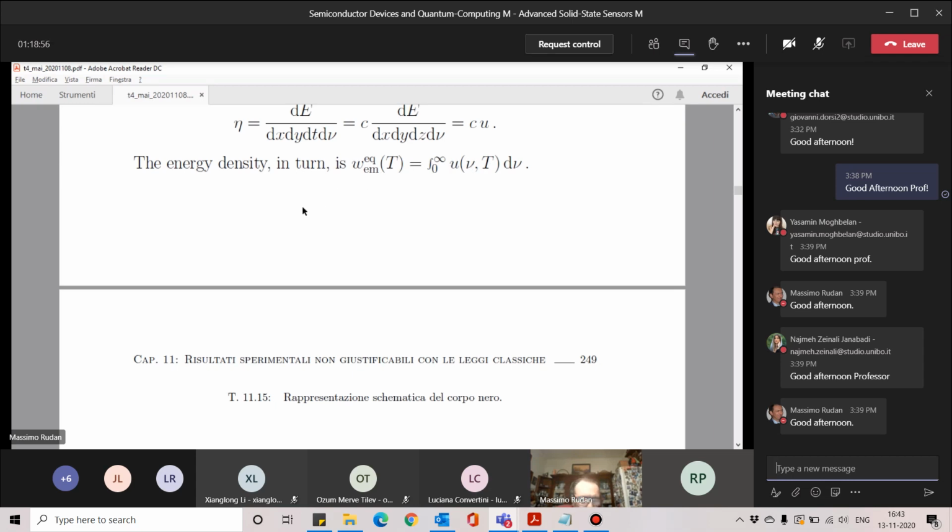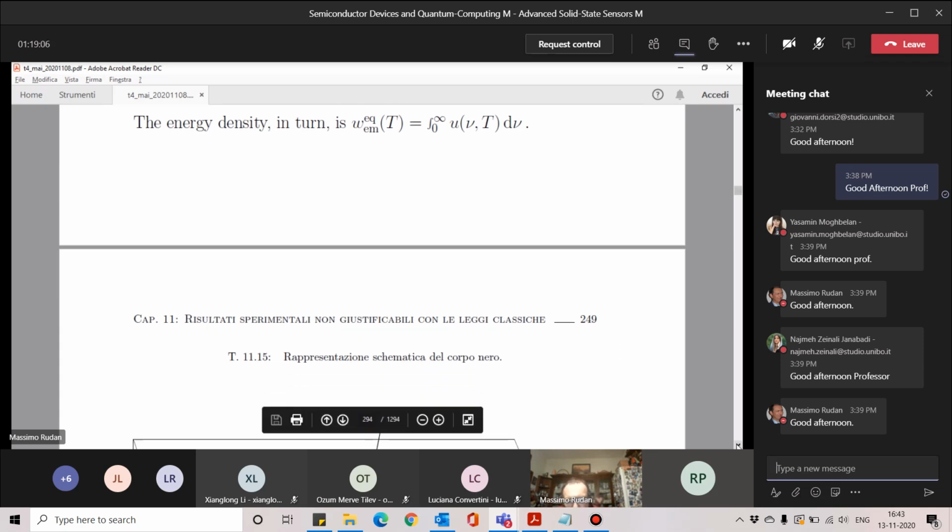How can we produce a black body? We have a schematic representation of the black body that is shown in the next figure here.